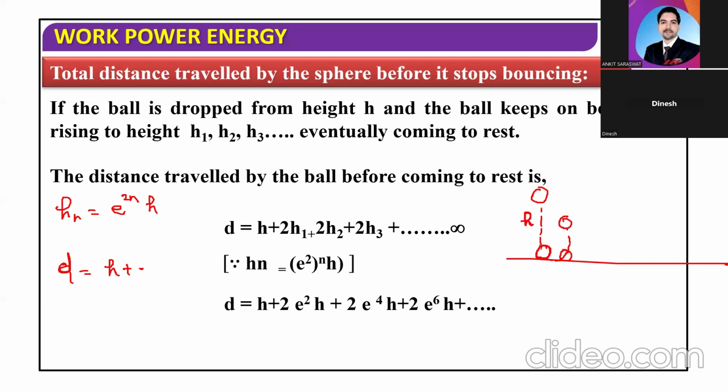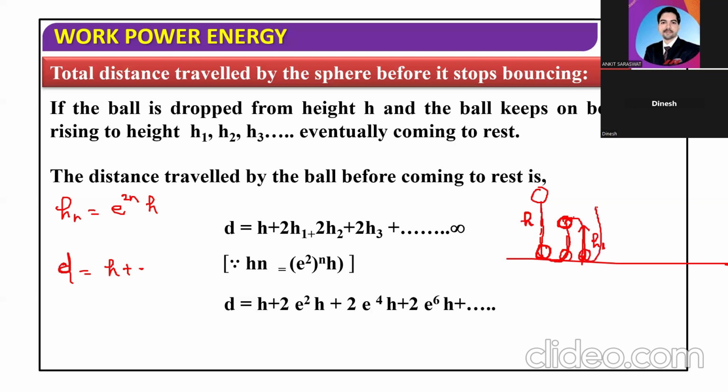First bounce, it went to H1. Again it is coming down. If it is going like this from H, on the first bounce it goes up H1, and when it comes down it will travel H1 again. Second bounce, again H2.